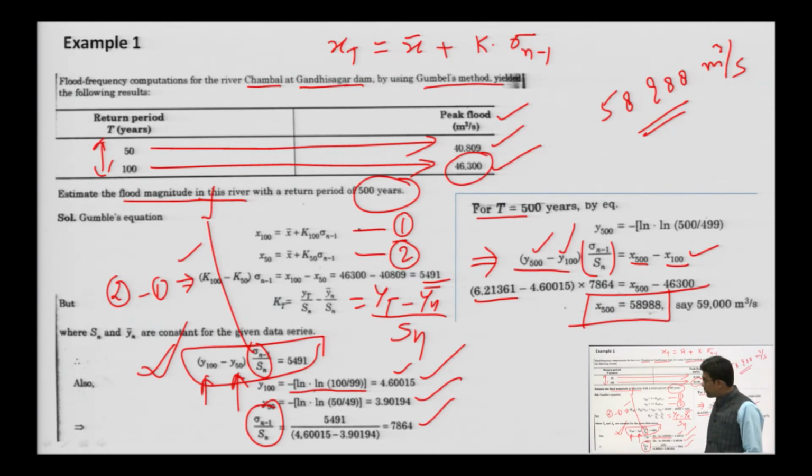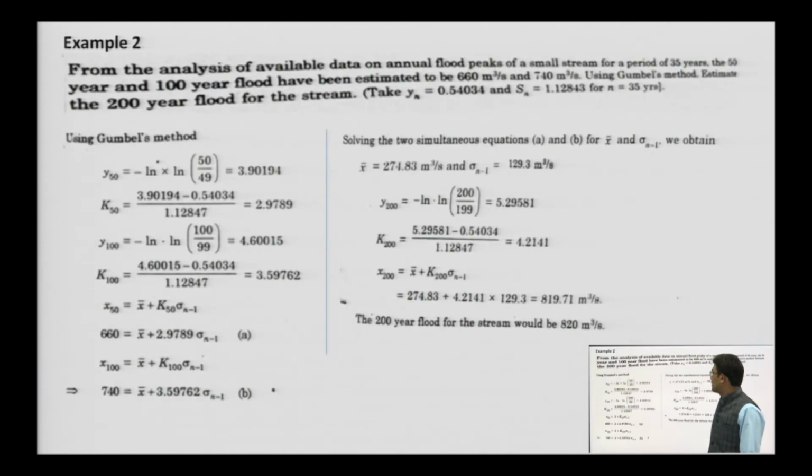Okay. So, let us do one more example. In this example, the data from the analysis of available data on annual flood peaks of a small stream.